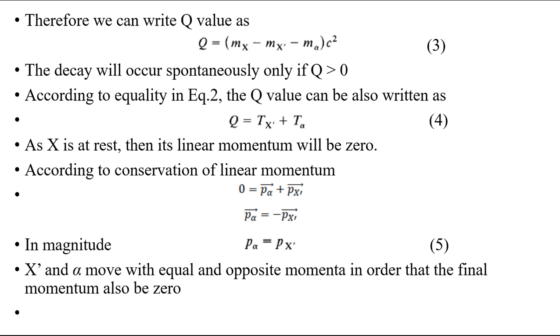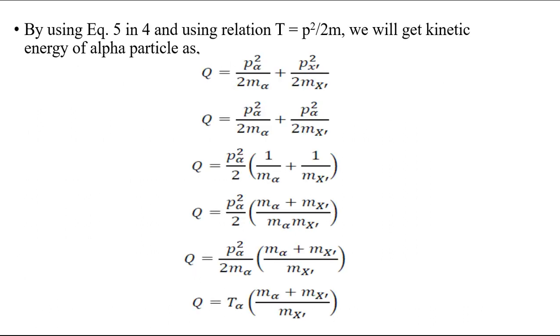By using the conservation of linear momentum, we can write that the initial momentum is 0 because X is at rest, and the final momentum will be that of the alpha particle, P alpha, and the daughter nucleus momentum, Px prime. In magnitude these two momenta will be equal, which means that the X prime daughter nucleus and the alpha helium nucleus will move in opposite directions after the decay process.